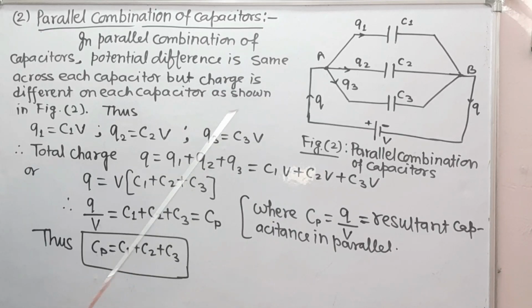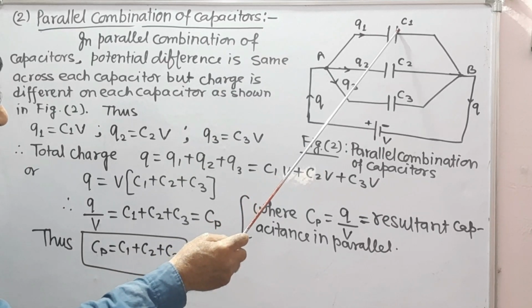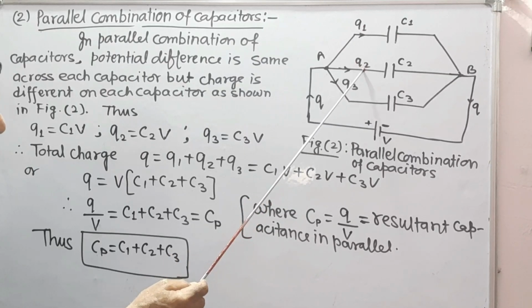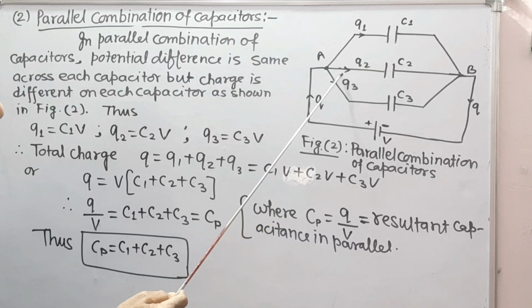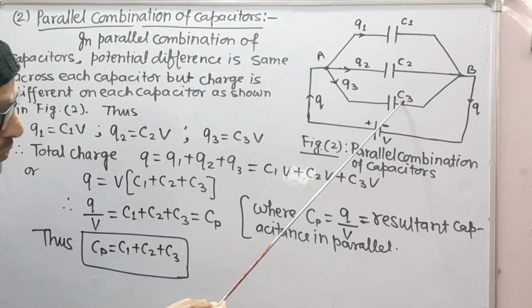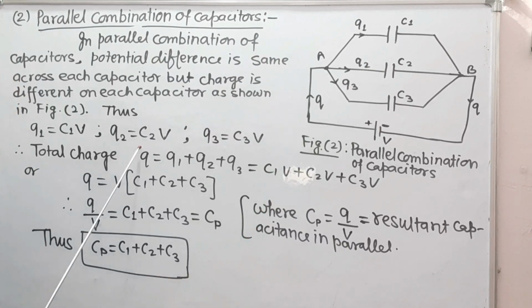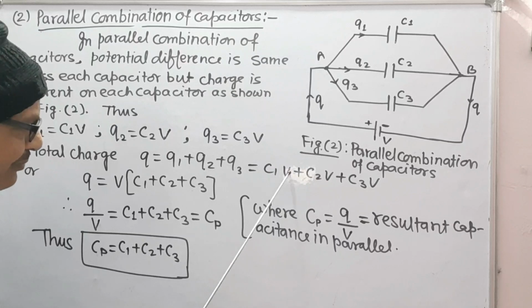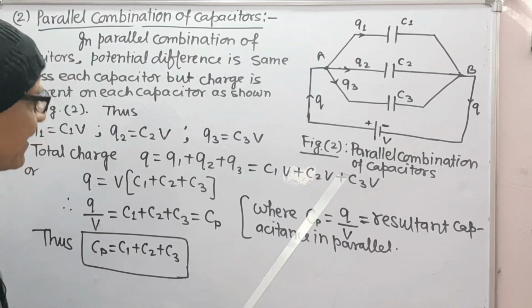Thus, charge on C1 will be equal to Q1 is equal to C1 into V. Similarly, Q2 will be equal to C2 into V and Q3 will be equal to C3 into V. But total charge Q is equal to Q1 plus Q2 plus Q3, which may be written as C1V plus C2V plus C3V.